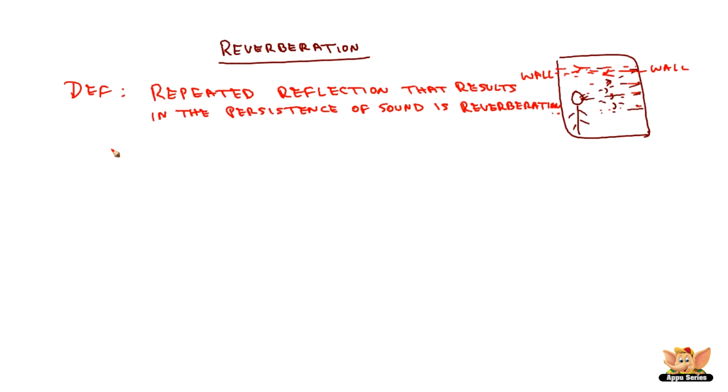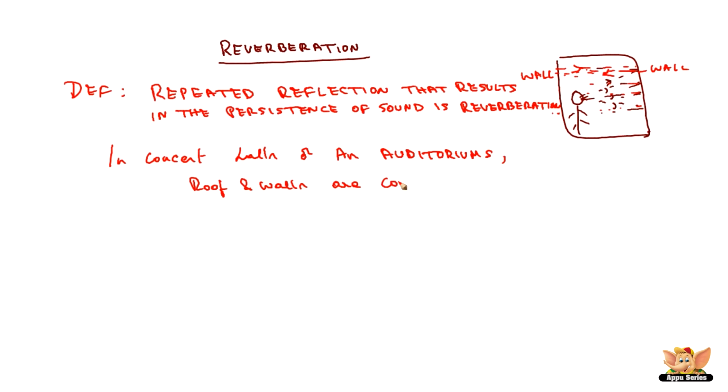So in concert halls or auditoriums where a person is presenting or speaking, we would be hearing only the multiple echoes. They use the large surfaces in these halls, the roof and walls, so the roof and walls are covered with sound absorbing materials.